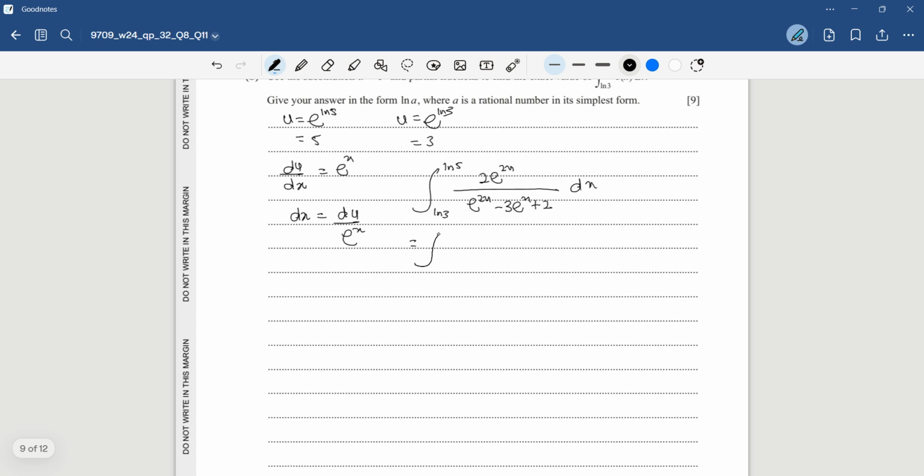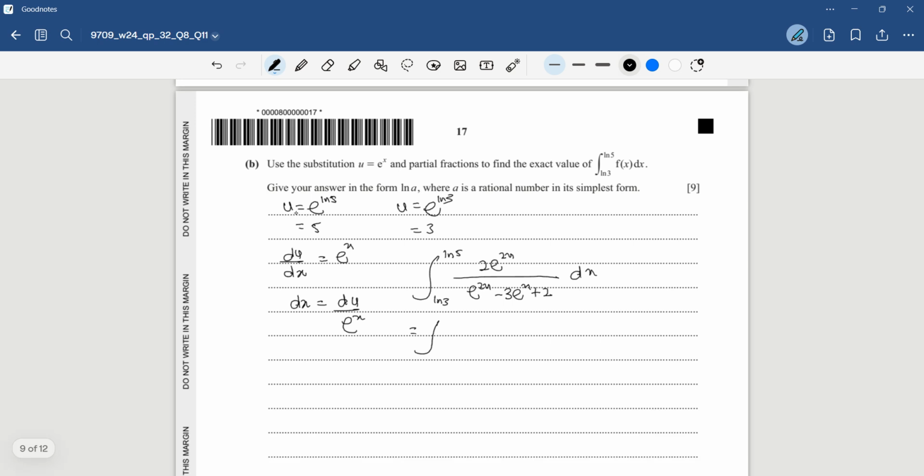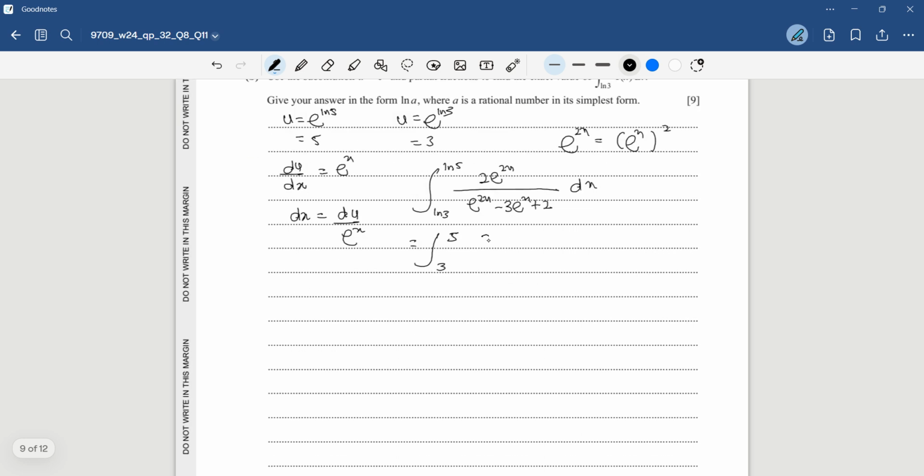So I can rewrite this: when x equals ln 3, u is 3, when x equals ln 5, u is 5, so it's going to be from 3 to 5, and e^(2x) is equal to (e^x) squared. So it's going to be 2u squared over u squared minus 3u plus 2, multiplied by du over e^x, so I can make it u, so you can cancel this.